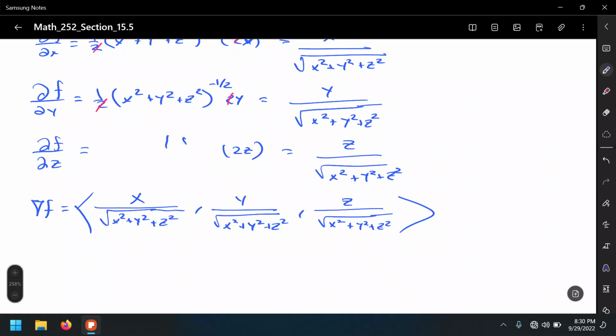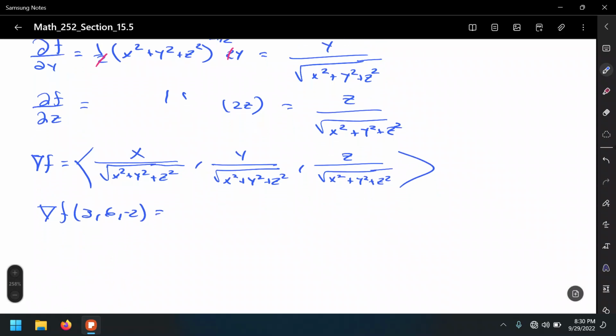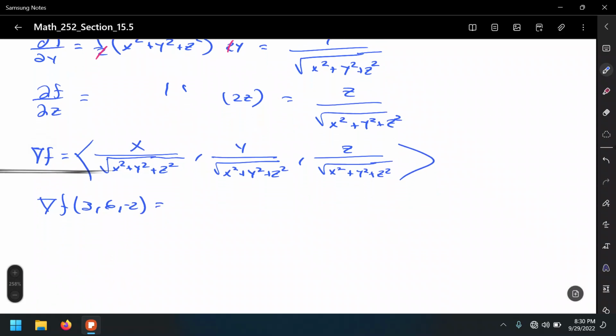They're also asking us to find that vector at the point (3, 6, -2). So nabla f at the point (3, 6, negative 2). All right, so I don't want to write that whole thing. So notice the common factor or common term in our vector. So how about I will do this calculation on the side. The square root of 3 squared plus 6 squared plus negative 2 squared.